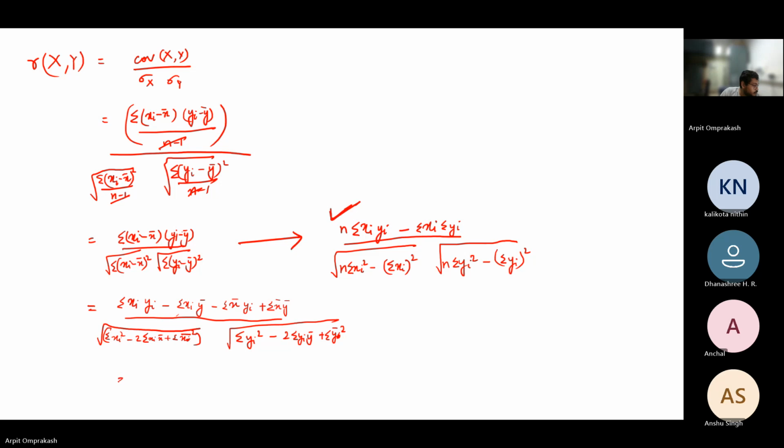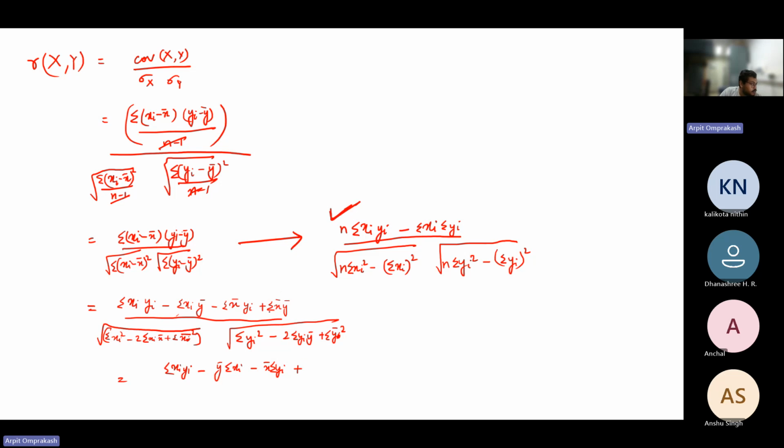So we'll do that: xi y bar, minus x bar into summation yi. We'll take all the constants out.